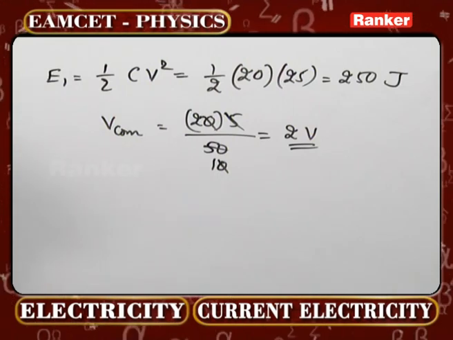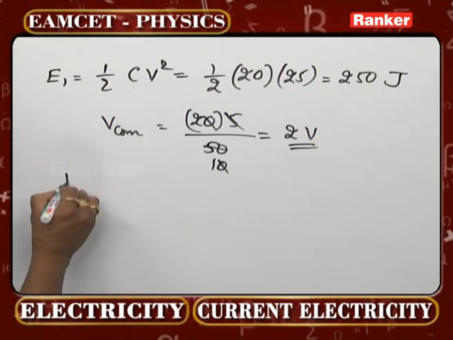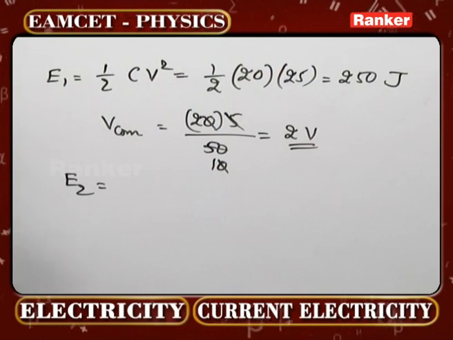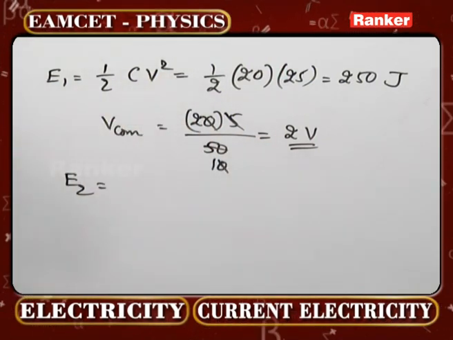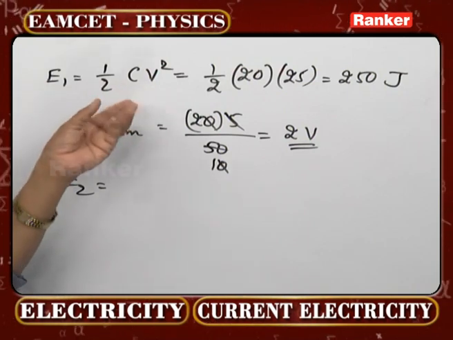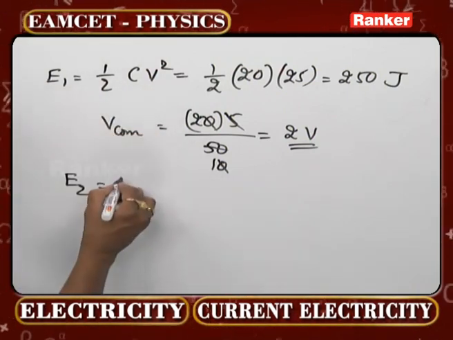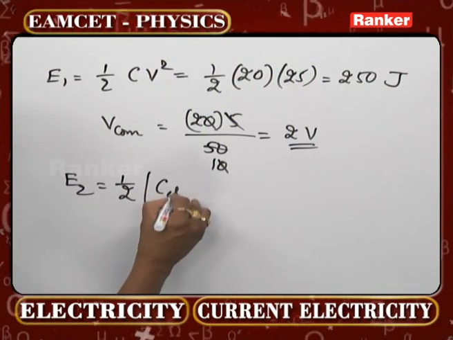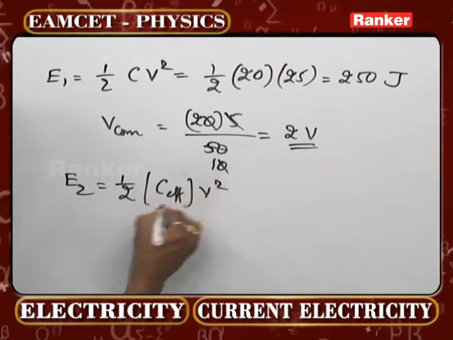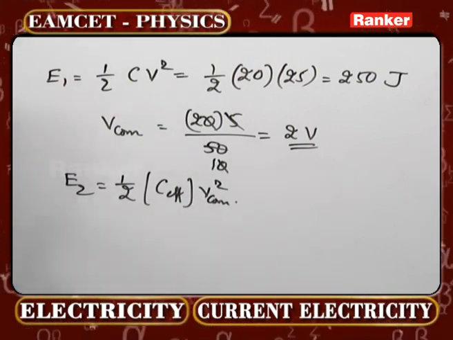Now what is going to be the decrease in energy? What will be E2? You directly take up now. C is going to be 20. 2 square means 4. In this particular case you can take up half of the effective value of C into V square. That is common square you take up.